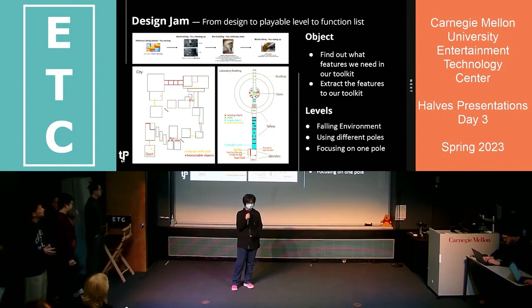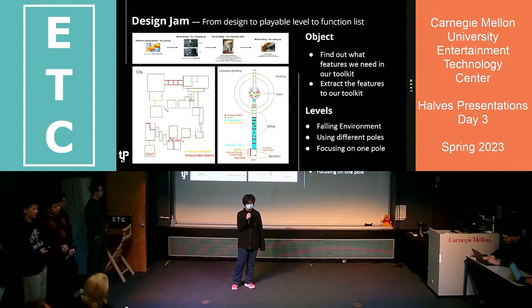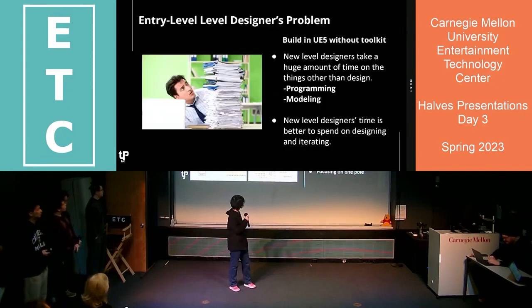Our goal is to extract the features from the design and the gameplay level into our toolkit. We found that the playable level is very useful for programmers to define which variables should be exposed to the level designers, and it also helps level designers customize their levels.